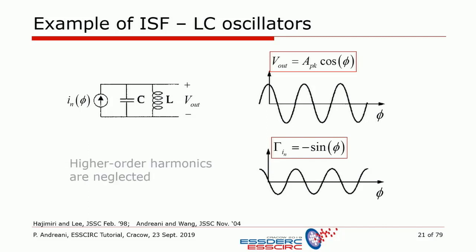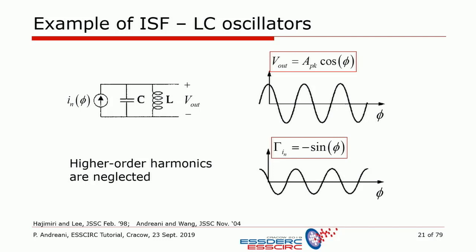And this really gives us the possibility of doing calculations. I should also point out that this is a simplification. So again, we forget about the higher order harmonics. We just keep omega 0 here, okay?